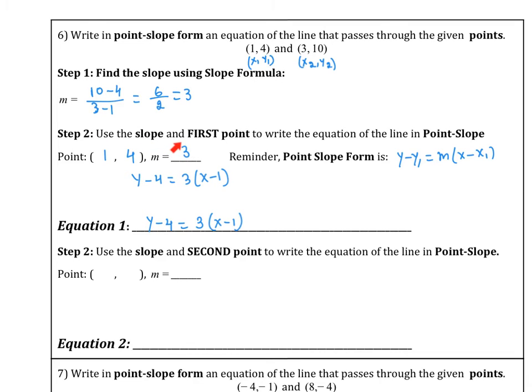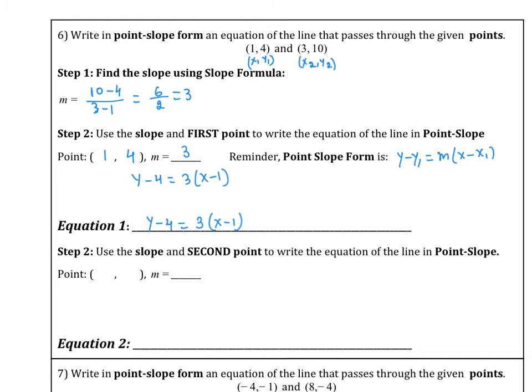Use the slope and the first point to write the equation in point slope form. So the first point is 1, 4. Slope is 3, and the point slope form is y minus y1 equals m times x minus x1. So x1 is 1 and y1 is 4. So y minus 4 equals 3 times x minus 1.